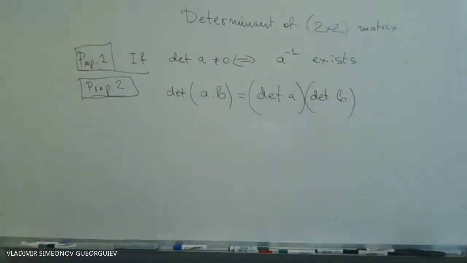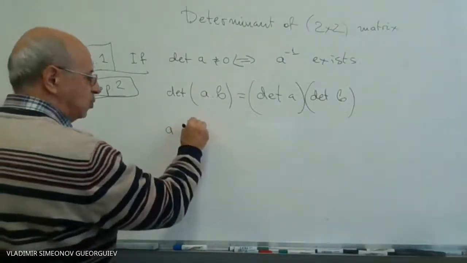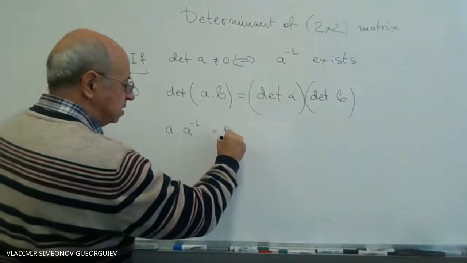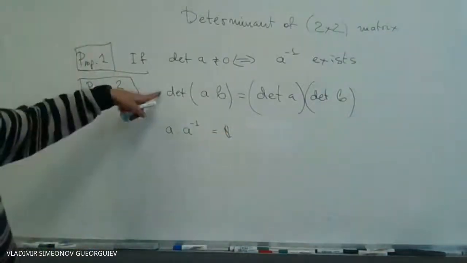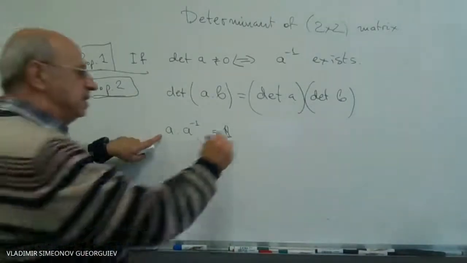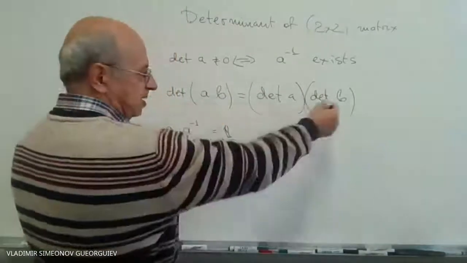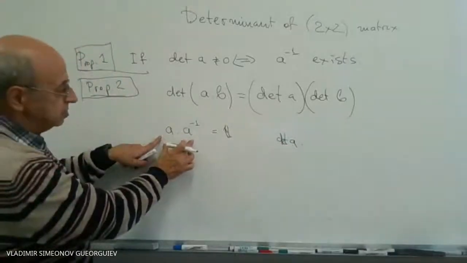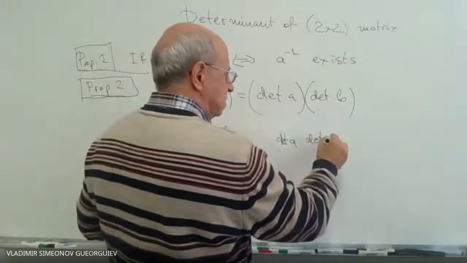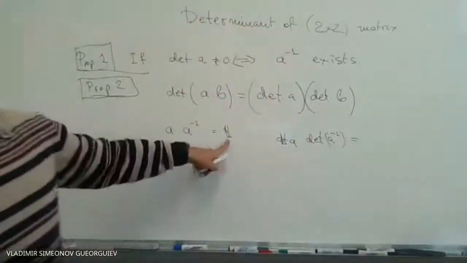from which we easily find, because if A minus 1 inverse exists, this is the identity matrix. So if I apply property 2 when the inverse exists, I can say determinant of A times, I apply the rule that the determinant of the product is determinant of this times determinant of this, determinant of A minus 1 equal to determinant of the identity matrix.